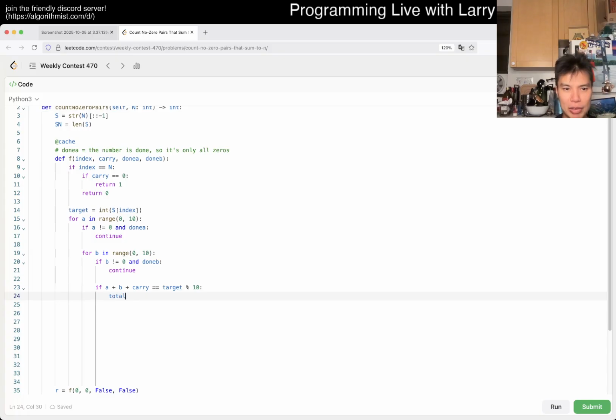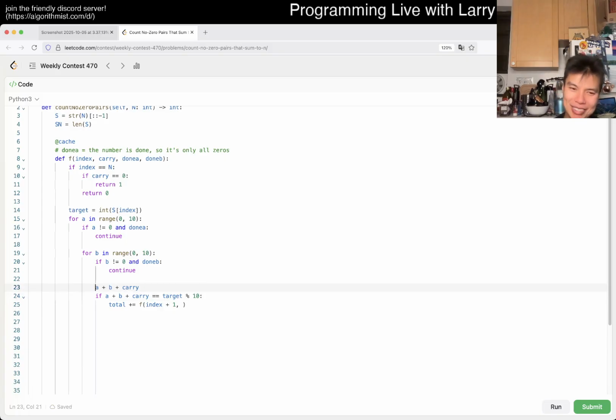Then we have total, we added by f of index plus 1. The new carry is going to be 1 because now they're, wait, is there? Well, I guess technically it's just this, right? And I know I could use the walrus operator, but I don't know, I think it doesn't look cool, right?